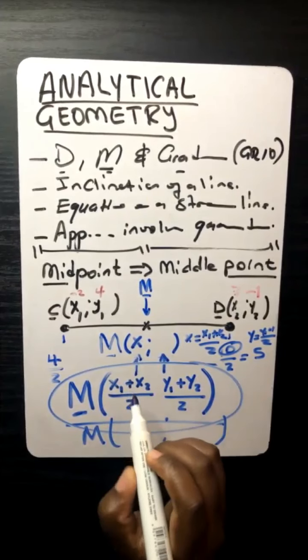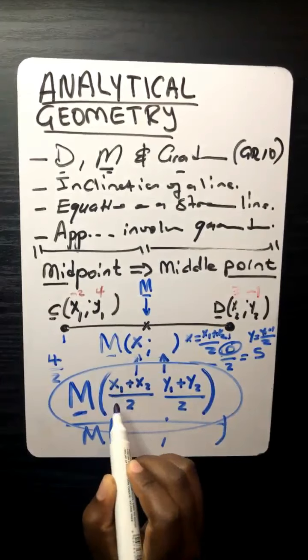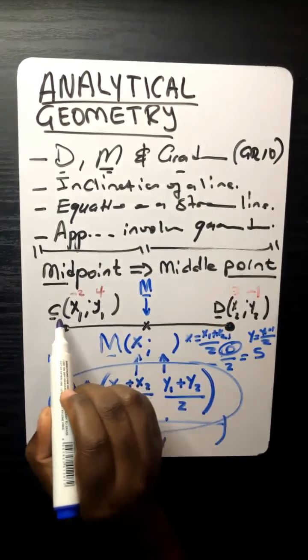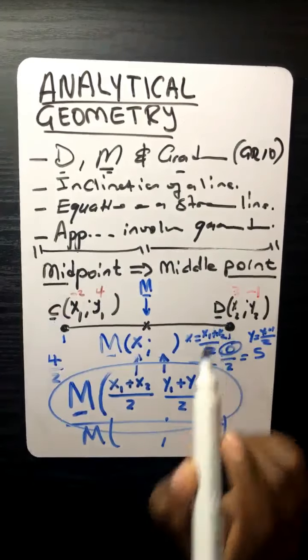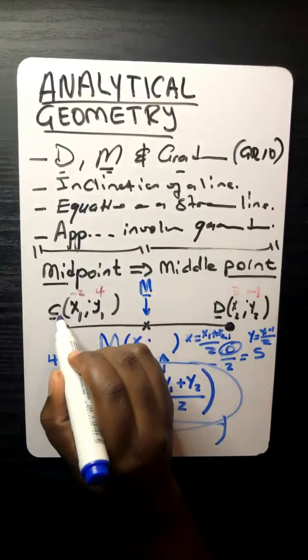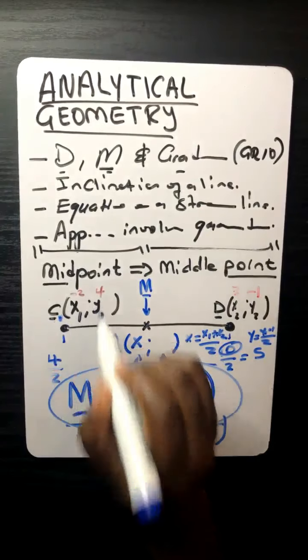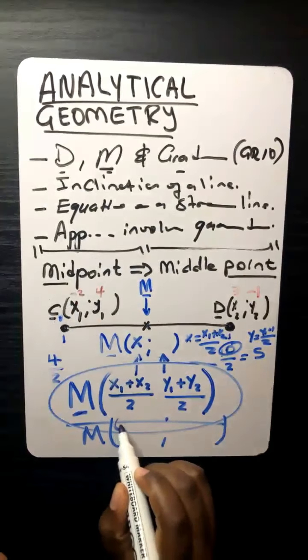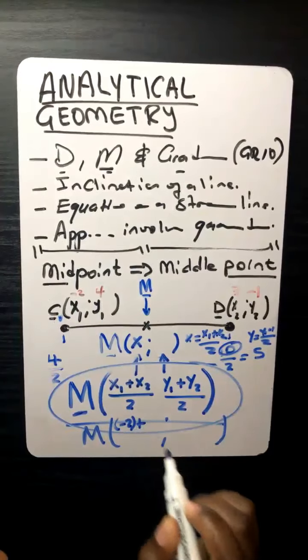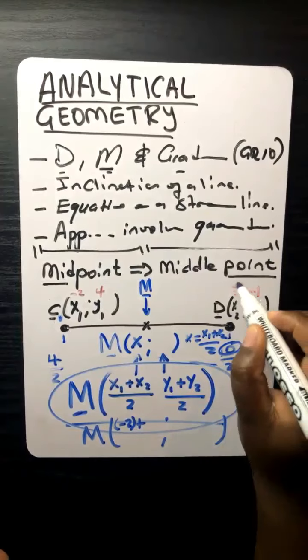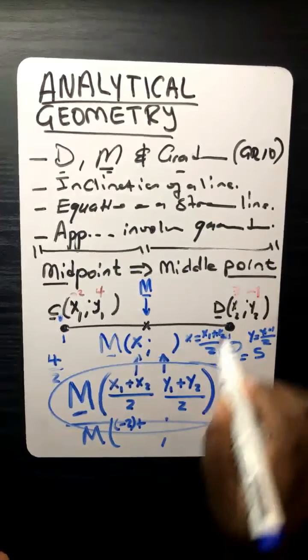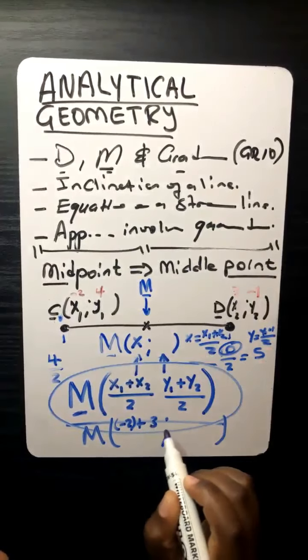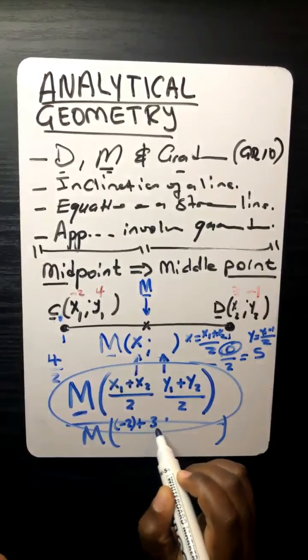So which one is our x1? Between C and D, which one comes first? It's C. So that means there we've got our first x value, because it's a negative value, substitute in brackets, then say plus, what is our x2? It's 3. It doesn't matter if it's positive, you can put it in brackets or you don't put it in brackets.